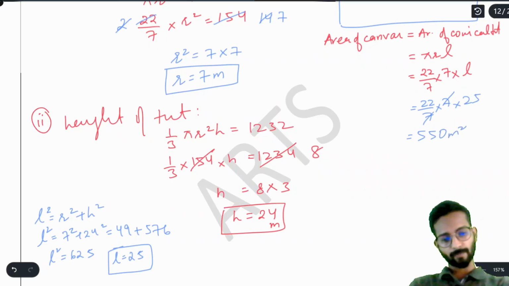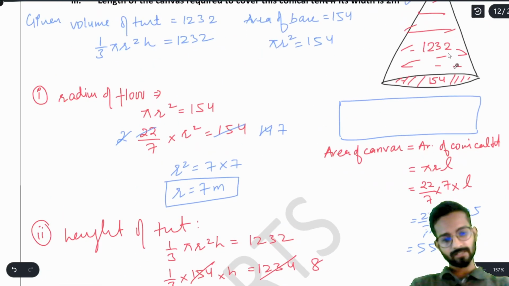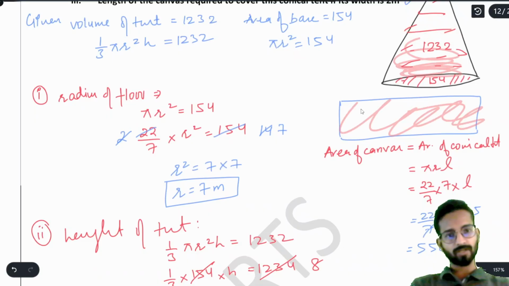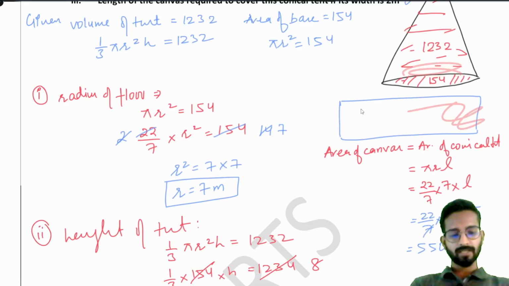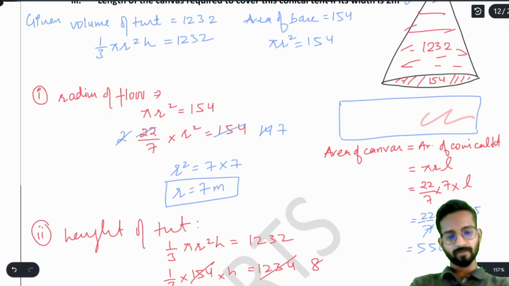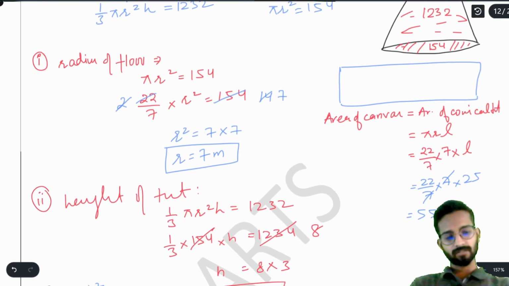So the CSA of this cone and the area of this canvas will be equal. So the area of the canvas is 550 meters square. We already know that the width is 2, and we have to find the length.